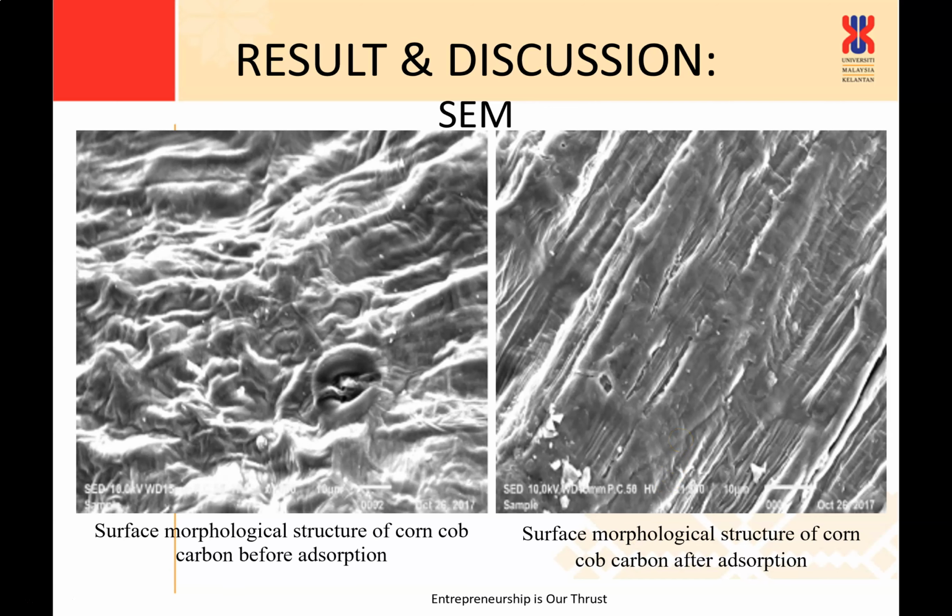Regarding the porosity of corn cob carbon, we can see here that a sticky layer can be observed on the corn cob carbon surface as presented in this figure. That means the oil adsorbed to the surface of the activated carbon.